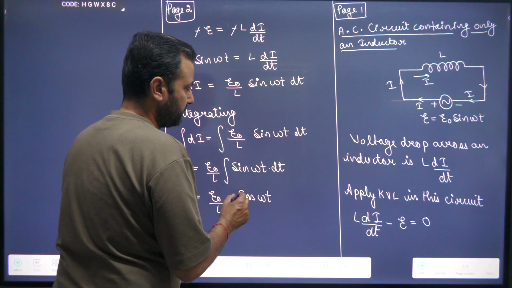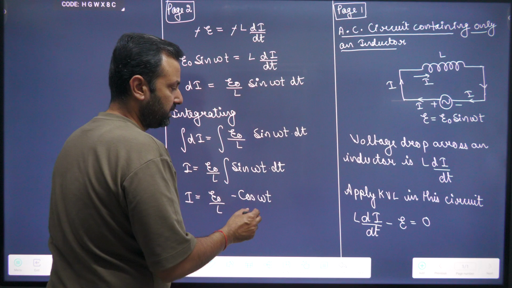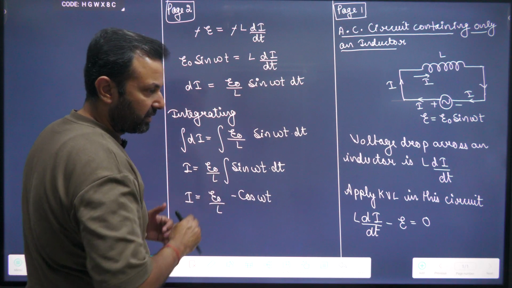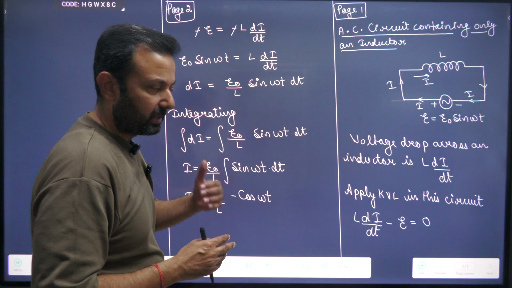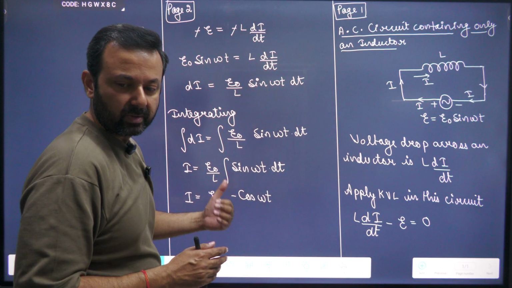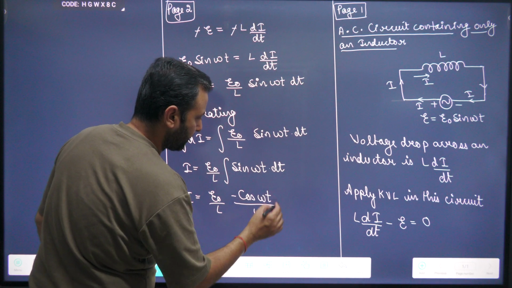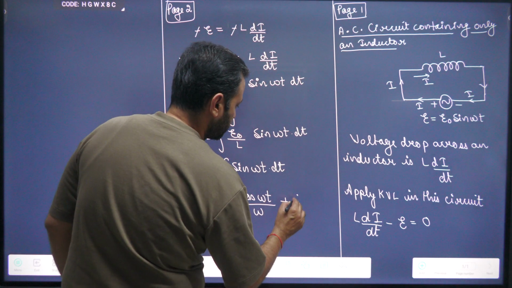Now I differentiate omega t, and the differential of omega t is omega, so we divide by omega, plus a constant.